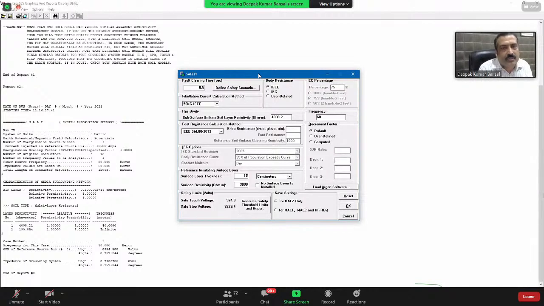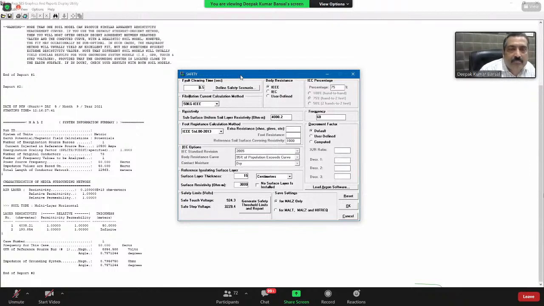Then we compare both and see whether our system, our grid, is safe or not, because the touch and step voltages which we have generated on our grid should be less than the threshold limit, which we will calculate in this safety table. As per standards, we are following the IEEE standard basically here.